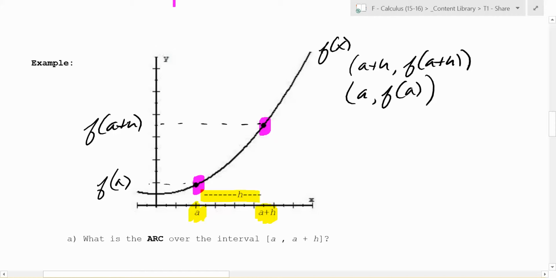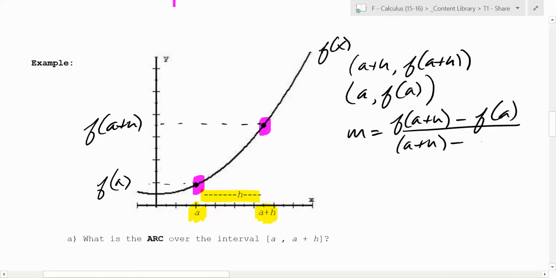There are 2 points. It doesn't matter what I call each value. Can you tell me what the slope is between those 2 points? What is the quotient that we would need to evaluate to get that slope? Remember, it's the y values on top: f of a plus h minus f of a all over a plus h minus a.